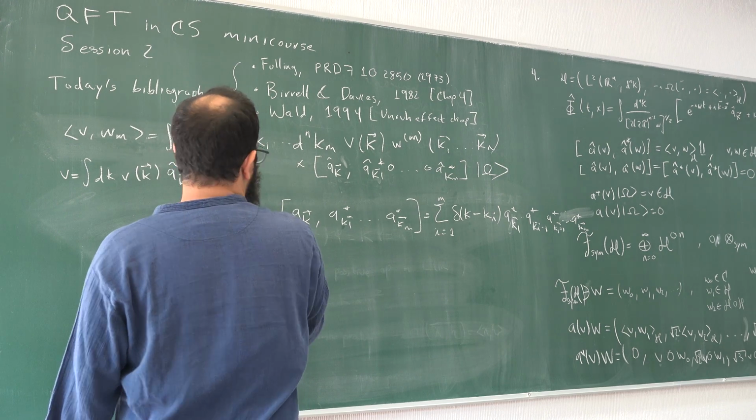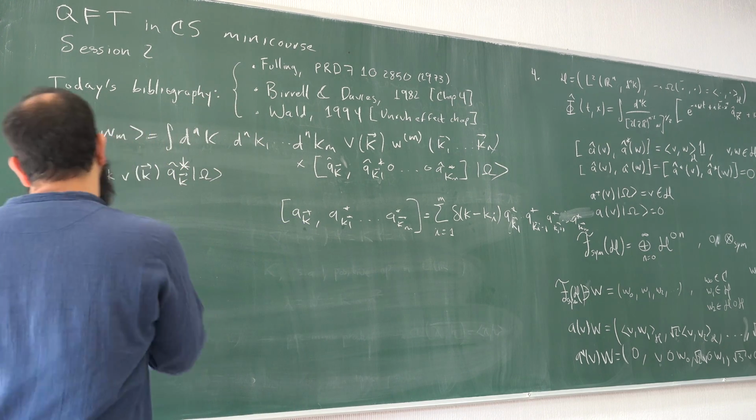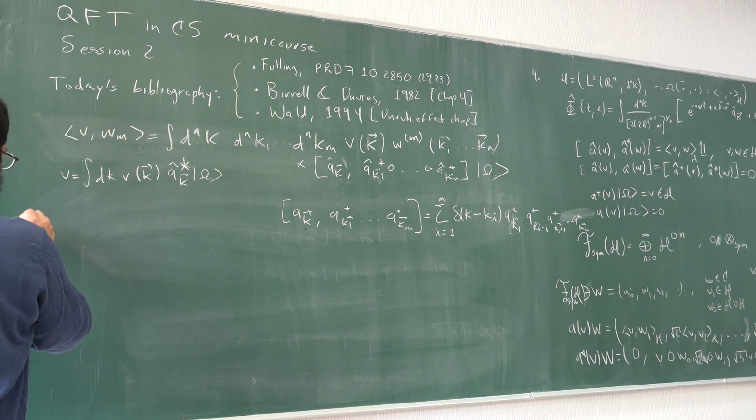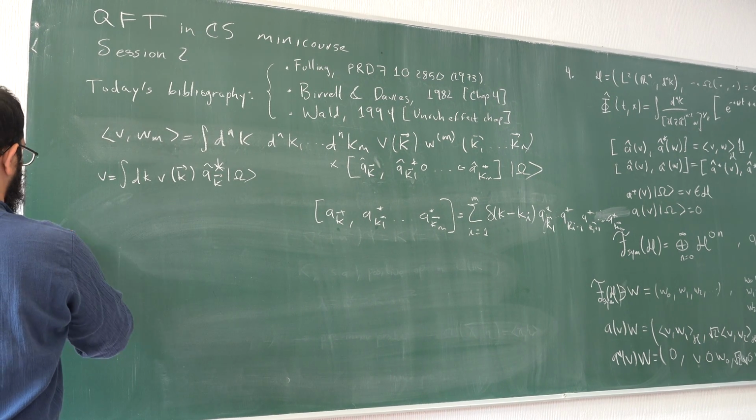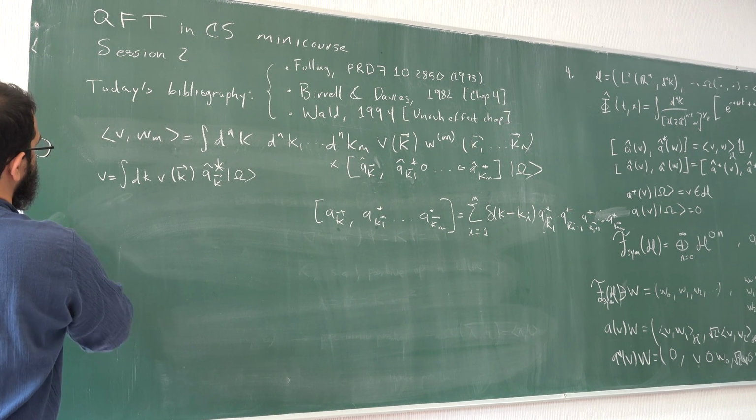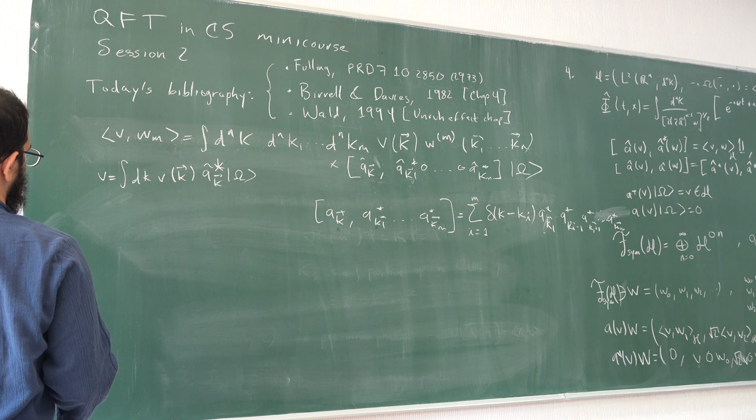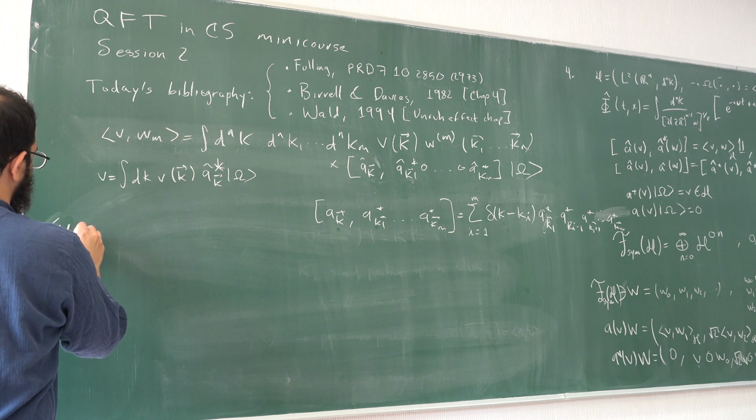You said it wasn't a complex number, so it was still a vector. Yeah, it is a vector. Let me think of it in this way.